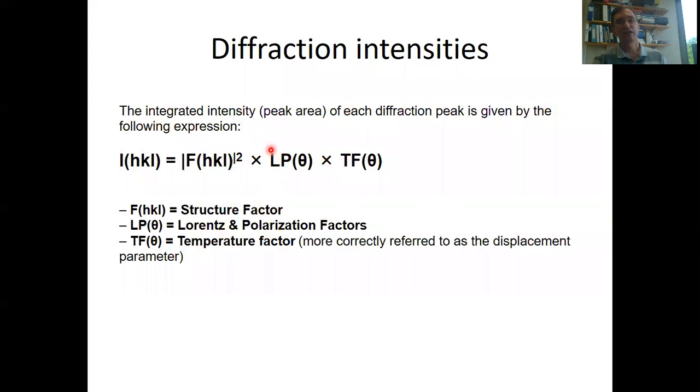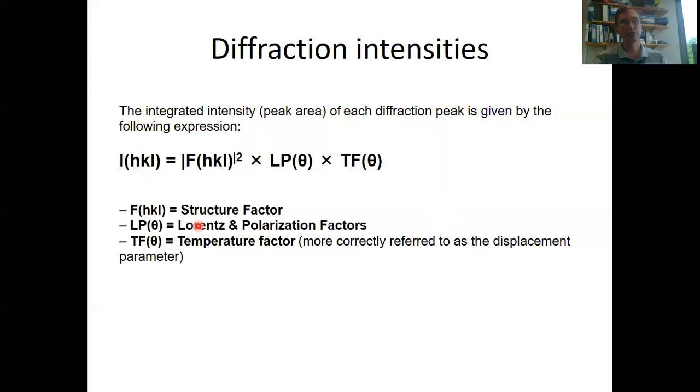The Lorentz factor is actually a factor which is due to the angle under which the lattice point in the reciprocal lattice enters the Ewald sphere.